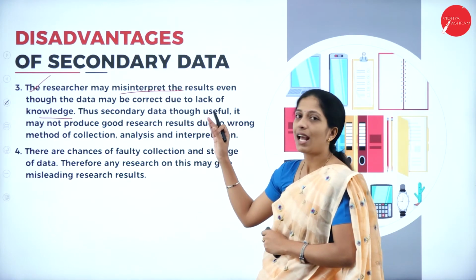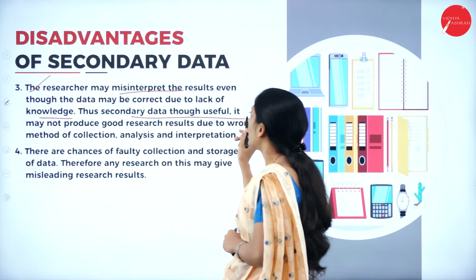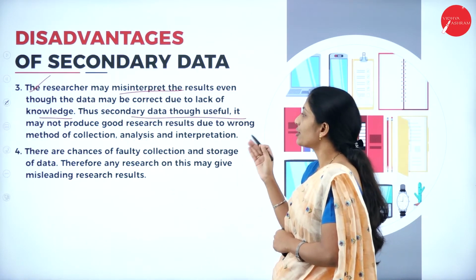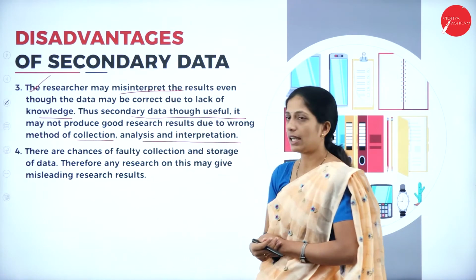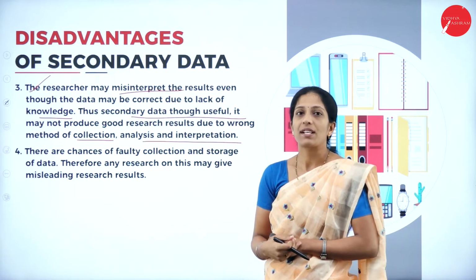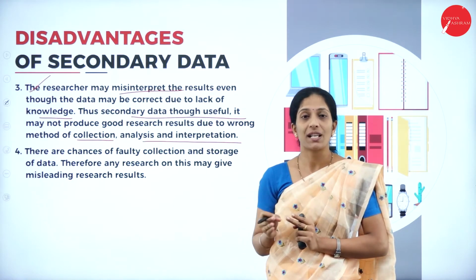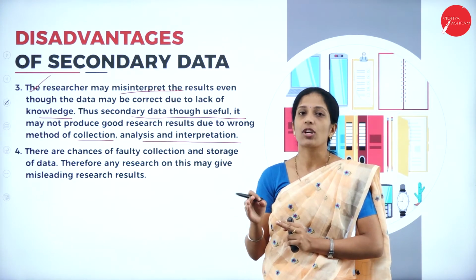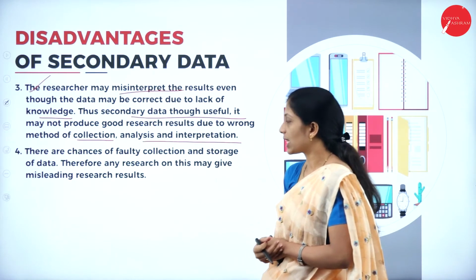So, this will happen under secondary data. Thus, secondary data, though useful, may not produce good research results due to the wrong method of collection, analysis and interpretation. Now, what happens here? The data which is available might be correct, but how it has been interpreted or analyzed by the researcher, if it goes wrong, then it will affect the research activity.